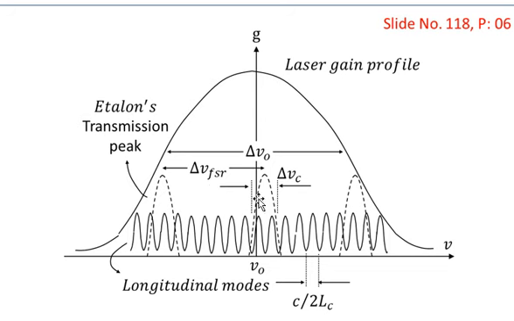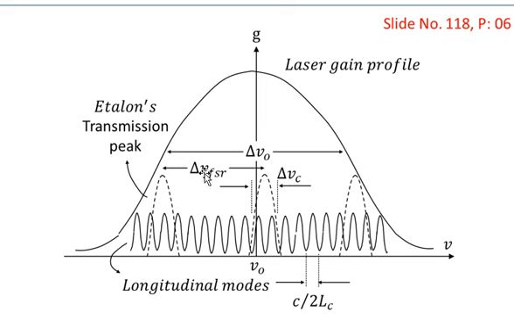And you know that each transmission peak has a full width at half maximum equal to delta nu C. So if you divide delta nu FSR by delta nu C, you will get a quantity called capital F. Capital F is called the finesse of the etalon, or finesse of the Fabry-Perot interferometer.